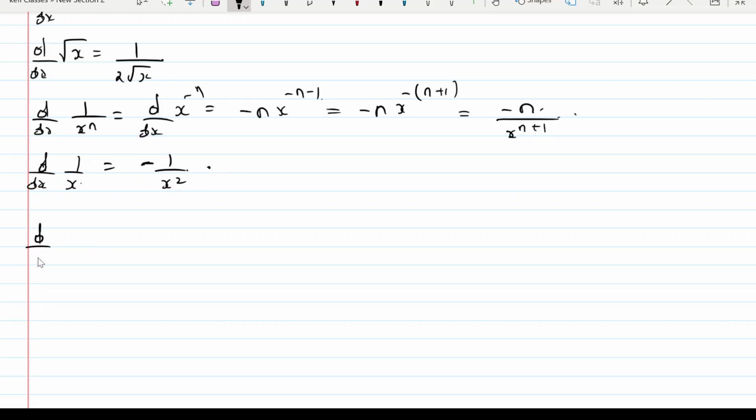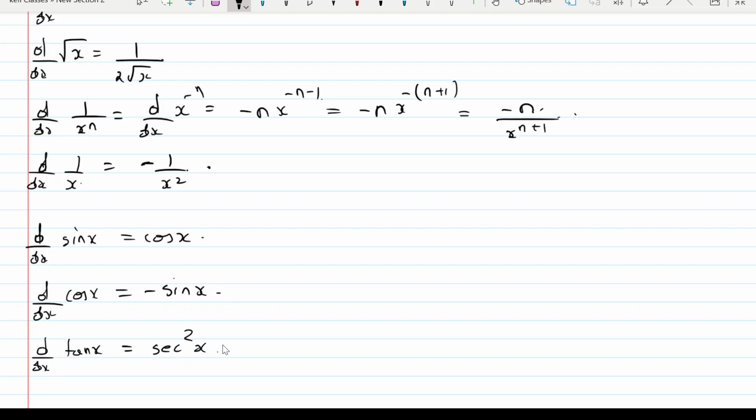Then d by dx of sin x is equal to cos x, which we proved. D by dx of cos x is minus sin x. D by dx of tan x is equal to sec square x.